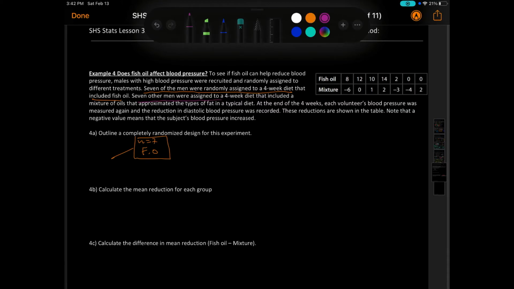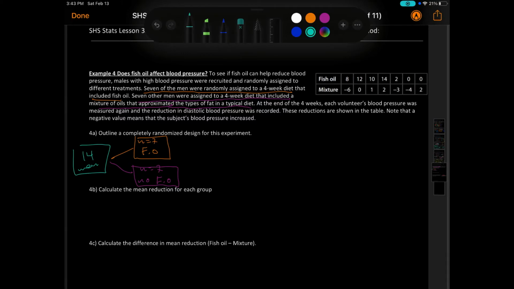7 other men were assigned to a 4-week diet that included mixtures of oils that approximated the types of fat in the typical diet. So I'm just going to say N equals 7, no FO, no fish oil. Okay, so we add those together, then your experimental units are 14 men.